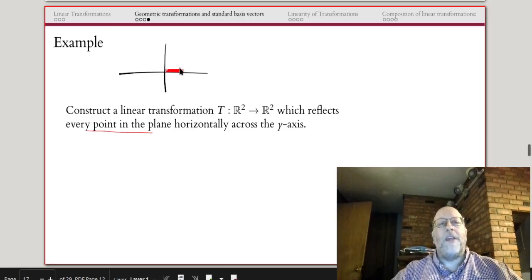This is the vector E1. And if I reflect it horizontally across the y-axis, that just makes the vector negative. And so the transformed version of E1 will be the vector negative 1 in the x direction and 0 in the y direction.